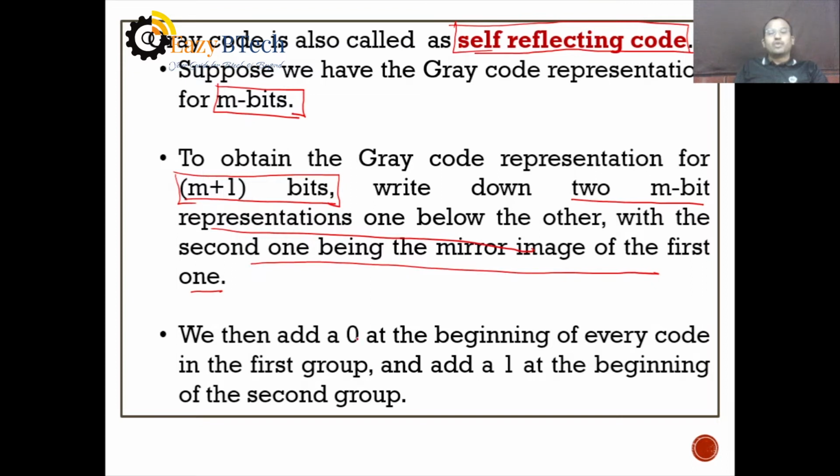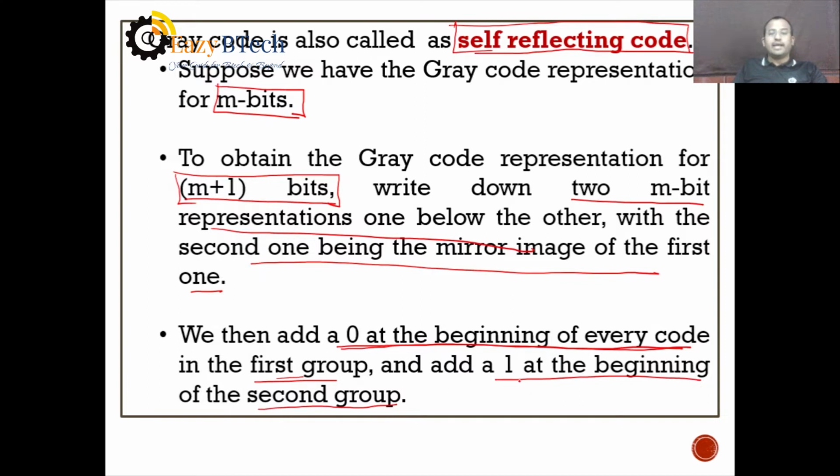Then we have to add 0 at the beginning of every code in the first group, and add 1 at the beginning of every code in the second group.